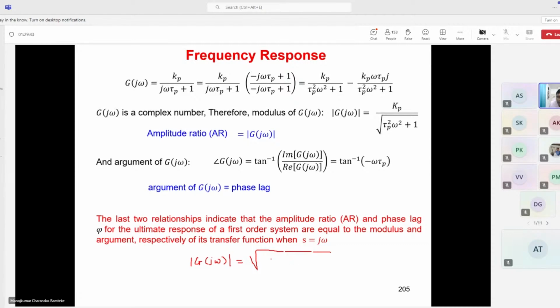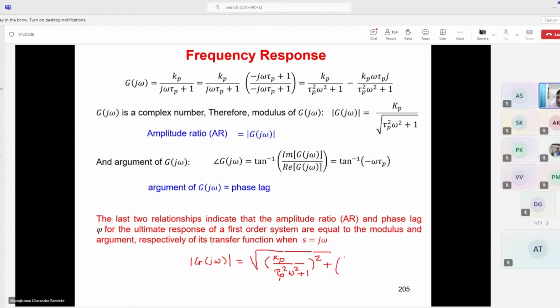This will be nothing but Kp divided by tau p square omega square plus 1, whole square, correct? And again the square of this entire term, but this minus sign is also going to become plus, so I am omitting that minus sign.